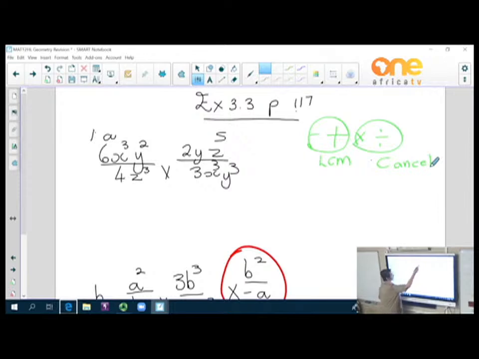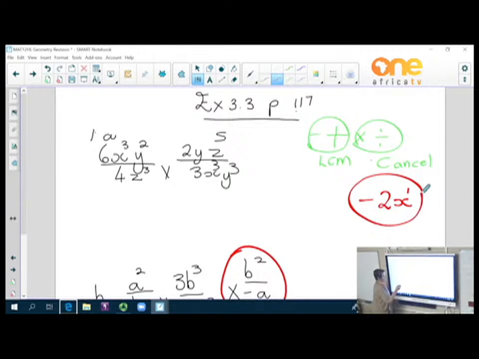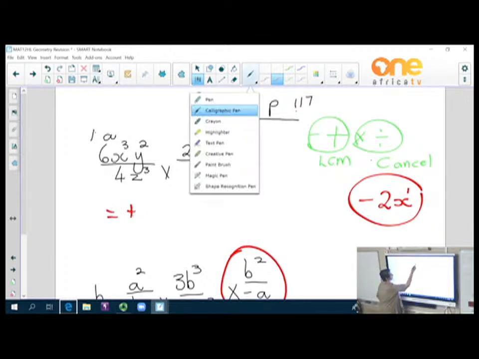Right, if you look at the first one, it's always about the sign, the number, and the letter, the index. That's what we have to look at all the time. The signs are positive here, so my answer is definitely going to be positive.